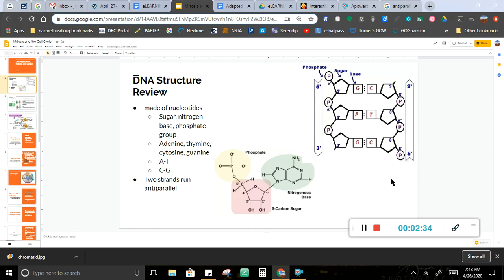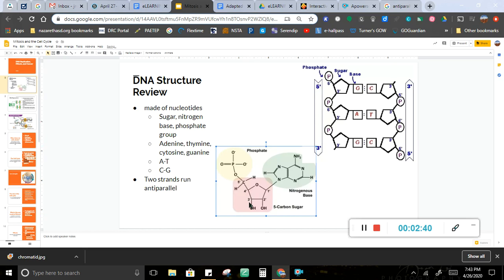Now, where does this whole 5', 3' thing come from? Well, it has to do with what number carbon is left freely open to the exposed end. So you can see the 3' section of DNA is given the 3' end because it's the number 3 carbon that's left exposed.